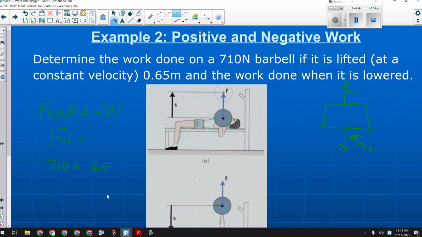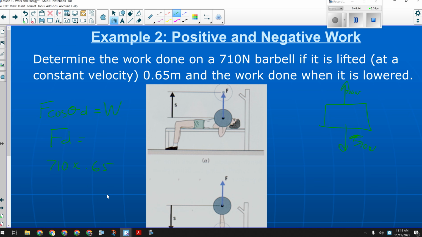Because you still, if you want to lower it at a constant velocity, have to exert how many newtons of force upwards? 700. 710. Now, let's talk about this from the barbell's perspective. When I lift the barbell, is the barbell experiencing positive or negative work? Positive work. It gains 462 joules of potential energy, of mechanical energy.